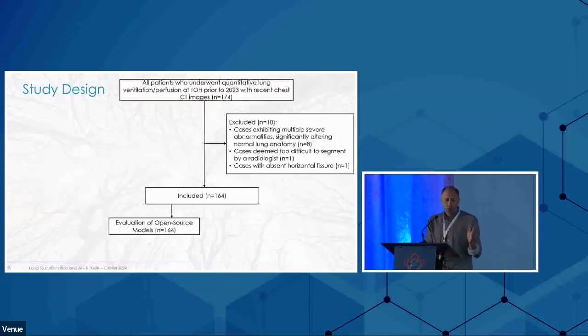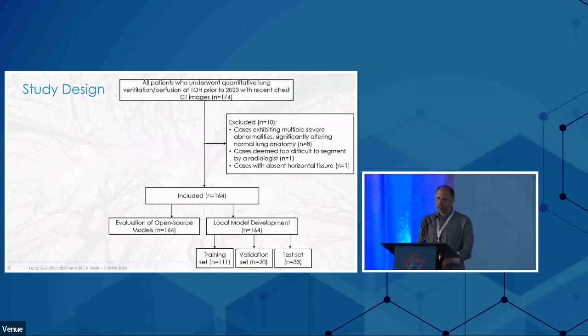As a next step, what we did is we took our data and we tried to train our own AI. Now, we didn't have thousands of studies like Total Segmentator. We had to work with the data we had. So we took 164 studies. We split them into a training data set that we used to teach our AI. Those were 111 studies.